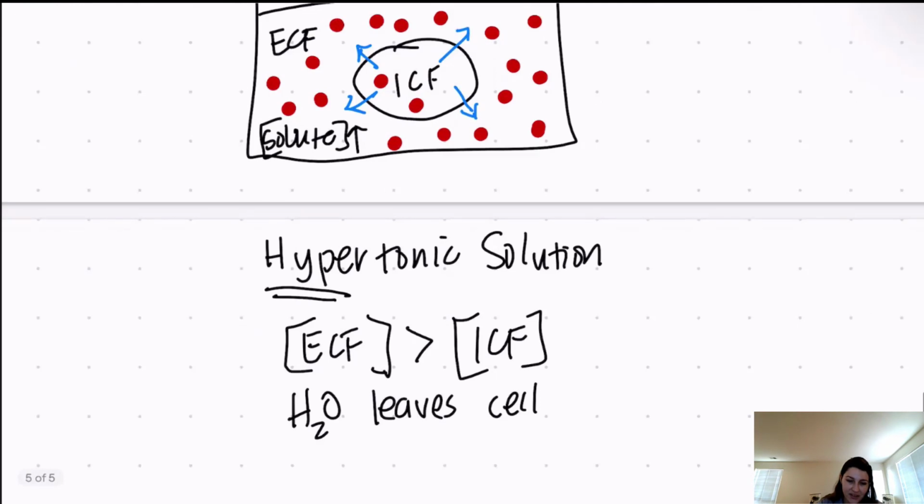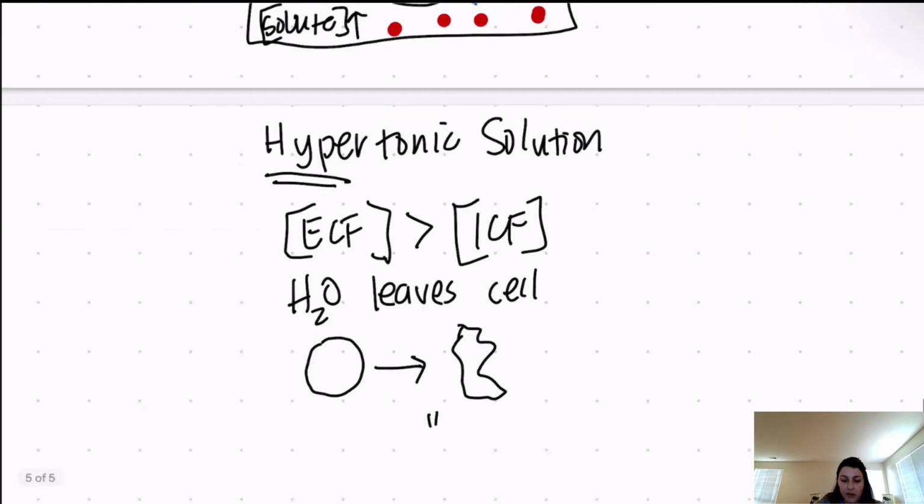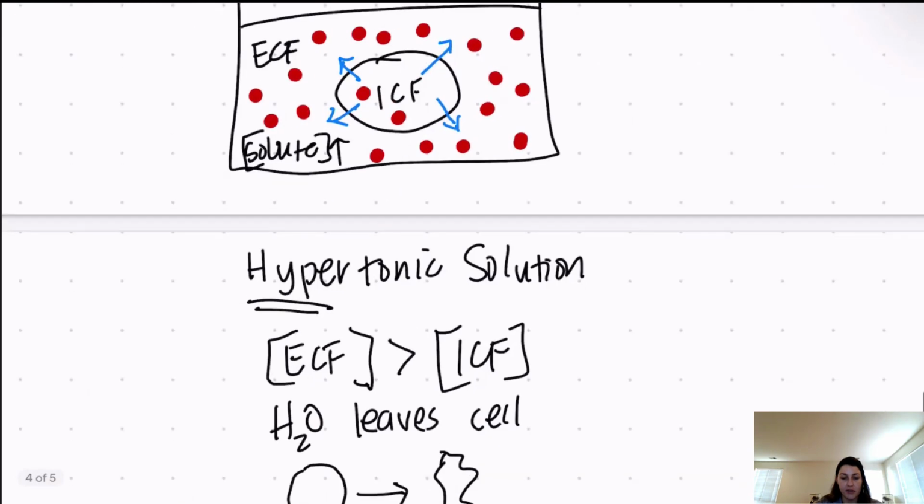And so the cell shrivels up like a raisin. It loses some of its really nice qualities, keeping it nice and round. So it goes from round to this raisin shape. That cell would be called crenated. Crenated means shriveled up like a raisin. So that's hypertonic solutions.